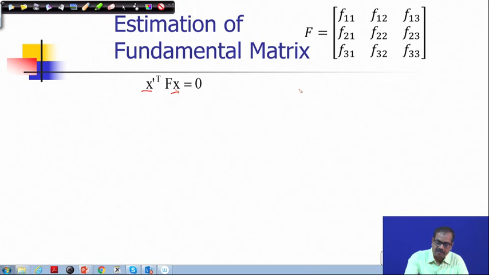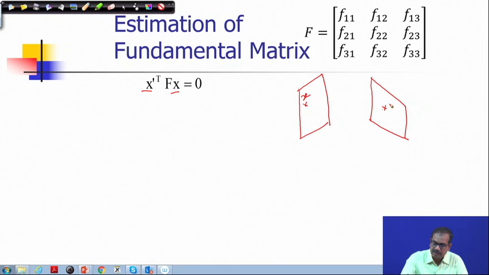Just to remind you, if I consider two images of a stereo system, and consider a point x, this is the reference camera system or reference image plane of the stereo system, and its corresponding point x prime.